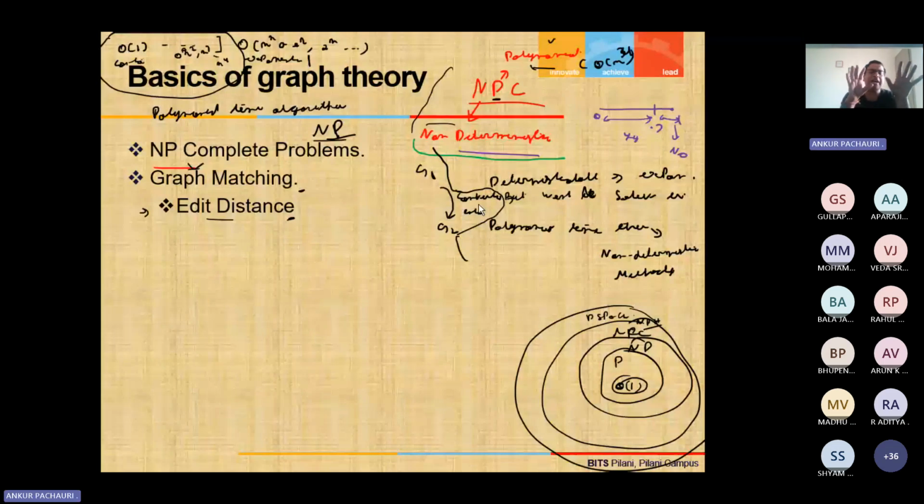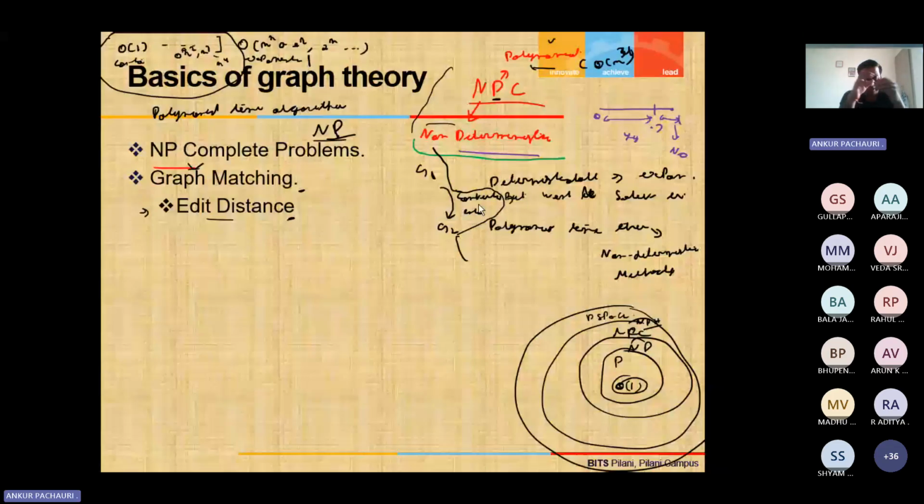So I'm allowed to make certain changes to a graph, but my objective is to convert one graph into another. The number of operations done while converting one graph into another will be equivalent to the edit distance of the graph.